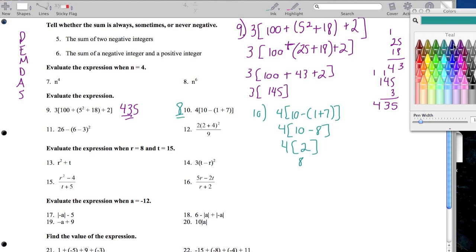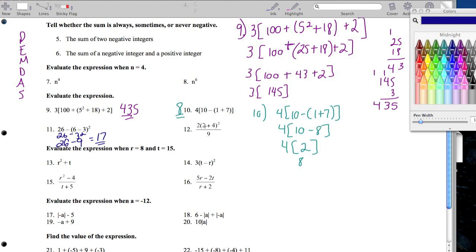Alright, number 11, we'll use midnight. I might be able to do this one here. We're going to do parentheses first. So I'm going to subtract 6 minus 3 is 3. So 26, this is what I get, 3 squared. 3 squared is 9, so that's my next order of business. 26 minus 9. And 26 minus 9 is 17.